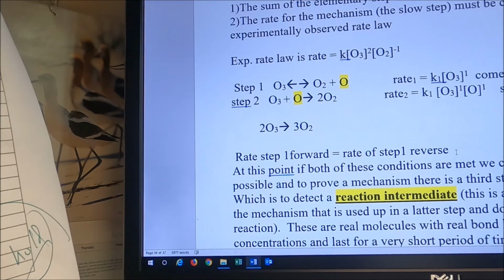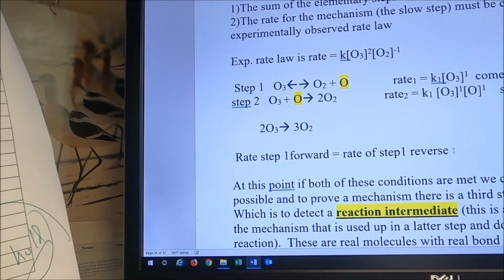Okay? Now, rate 1 forward, and I'll call it 1F, is going to equal k1 times the concentration of O3.